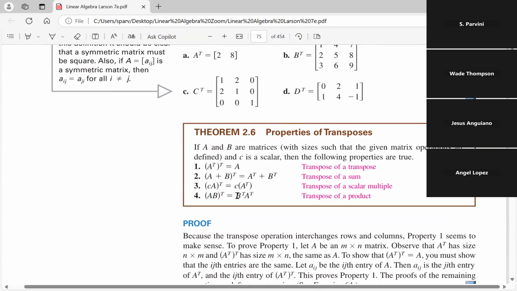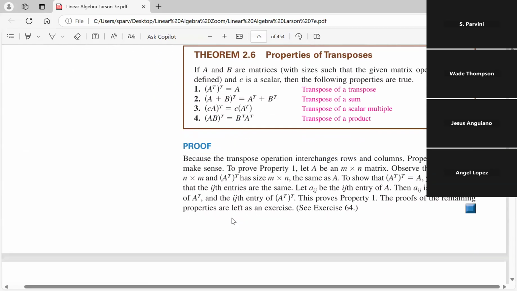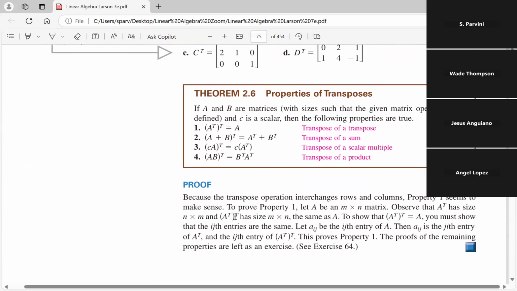You actually change the order of transposition. So it becomes B transpose times A transpose. Remember? So if you have a transpose of a product, you change the order of the product with transpose. And there we have those. Are we good on these, everyone?